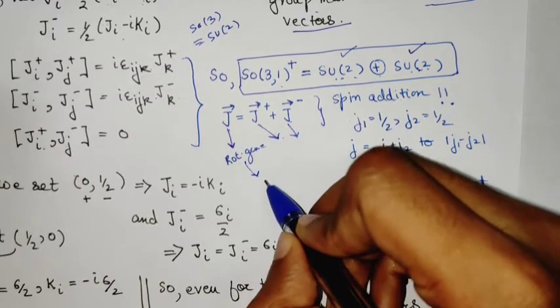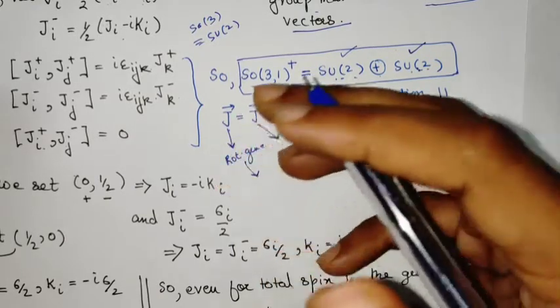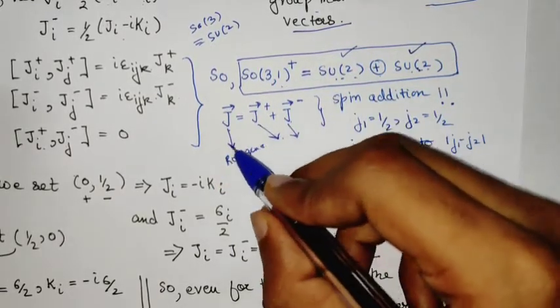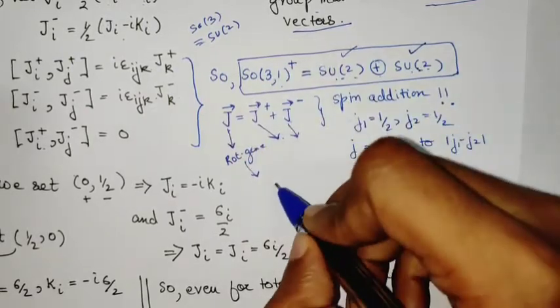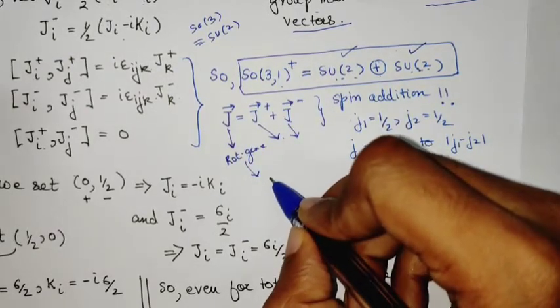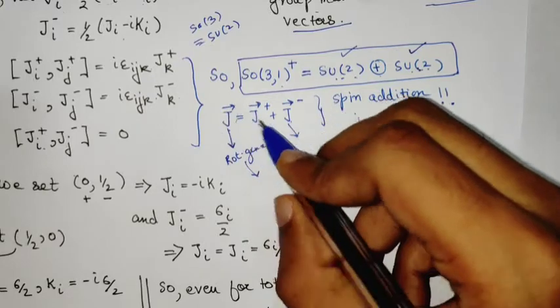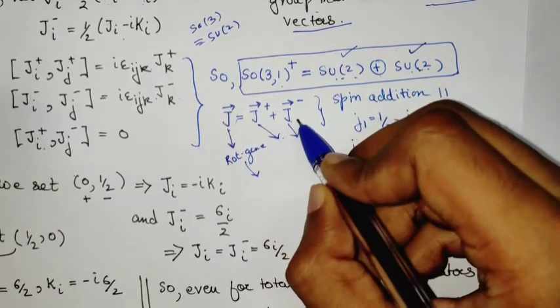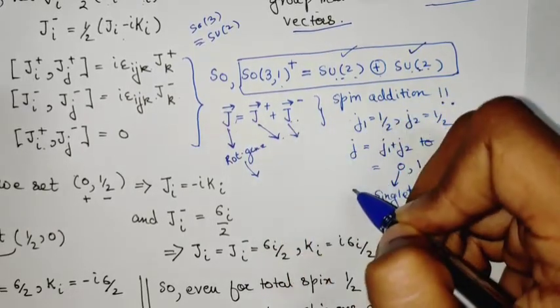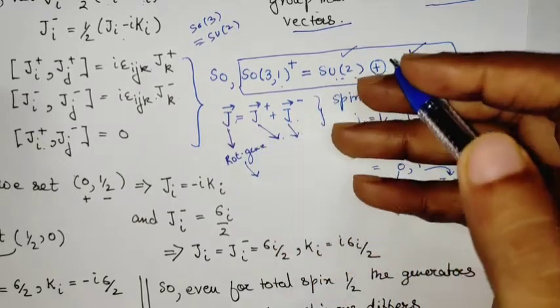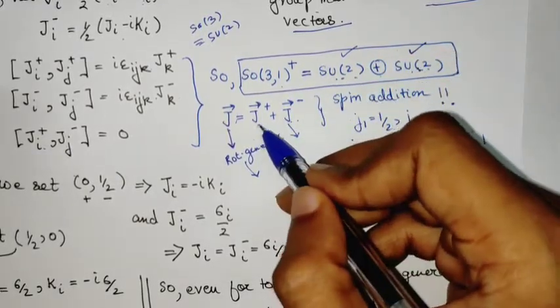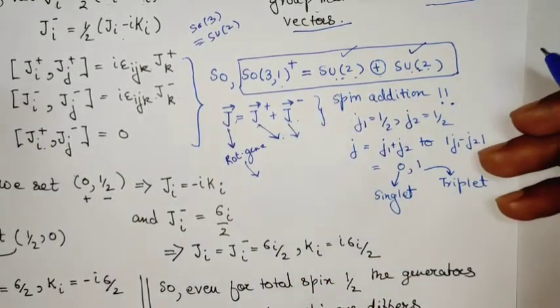Rotation generators, if we remember, are like the angular momenta, they generate rotation. So we can say that this is like a total angular momentum, which is the sum of two spin angular momenta. So this is simply the vector summation of spin angular momenta.